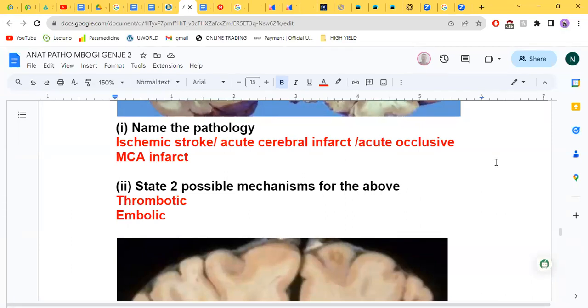What are some of the common pathologies that can occur? You can find stenosis, thrombosis, and embolism. Maybe air has entered inside the artery. Maybe there are plaques which have broken off and blocked the arteries. And these are very common, especially at the bifurcation of the internal and external carotid. So those are two phenomena that can cause the above named pathology.